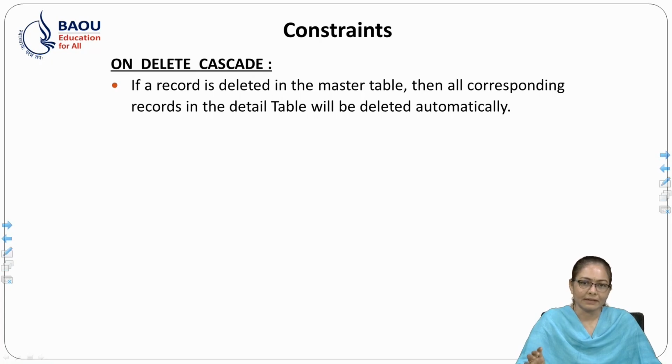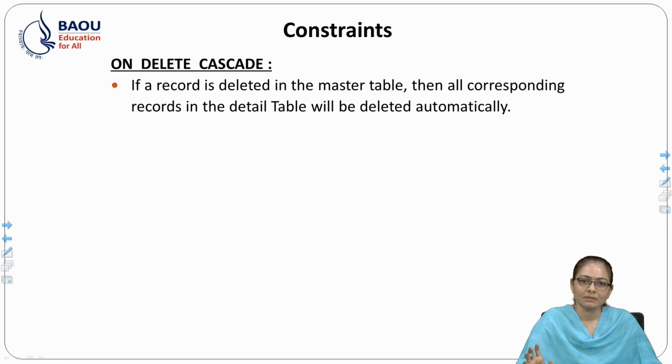First you delete the record from the child table and then you delete the record from the parent table, because in the child table, result, the reference exists from the parent table, student.